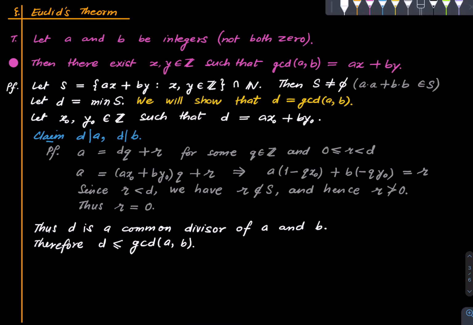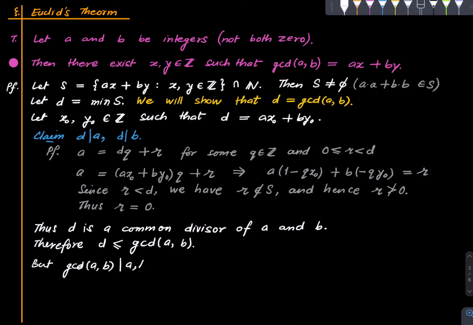However, since d is of this form ax₀ + by₀, and GCD divides a and GCD divides b, therefore GCD divides this. This was the first problem. And therefore GCD divides d. Of course, the GCD of a and b is in particular a common divisor of a and b.